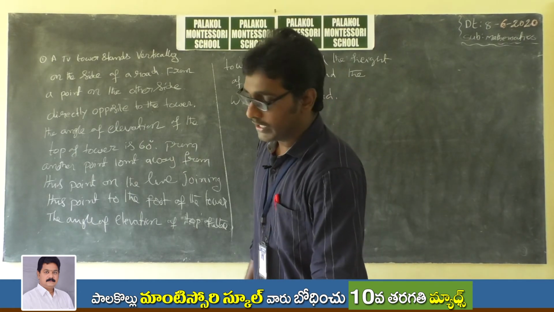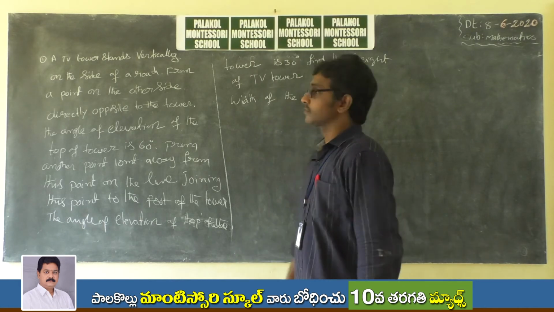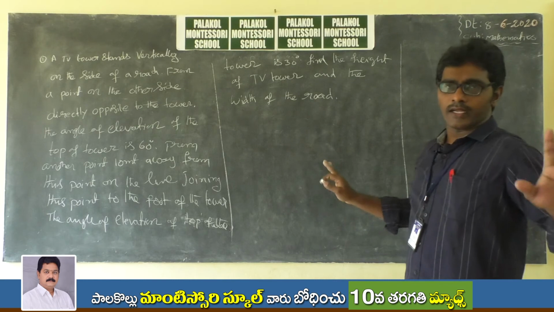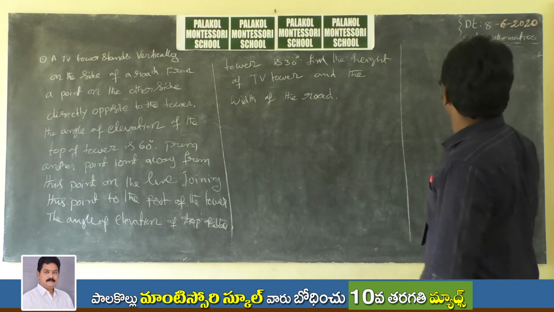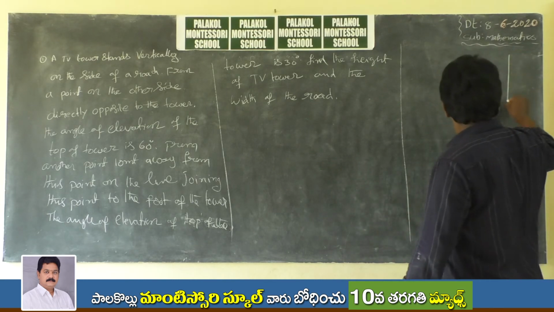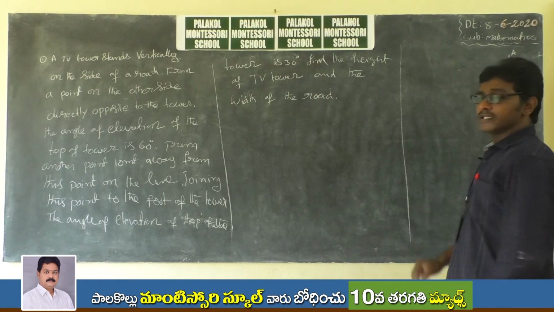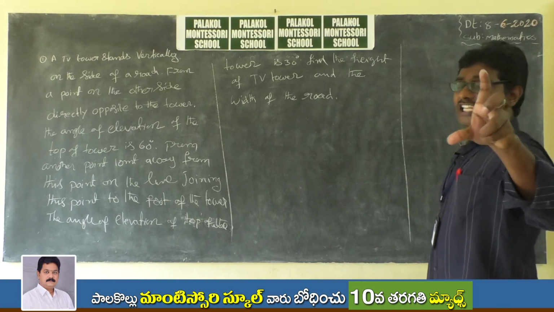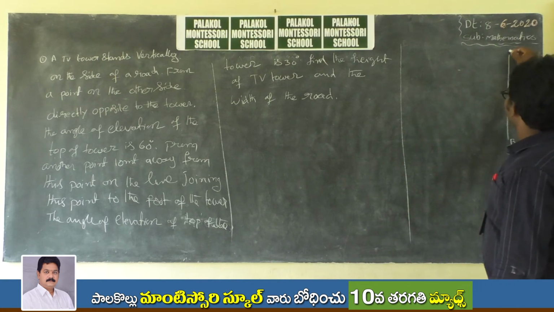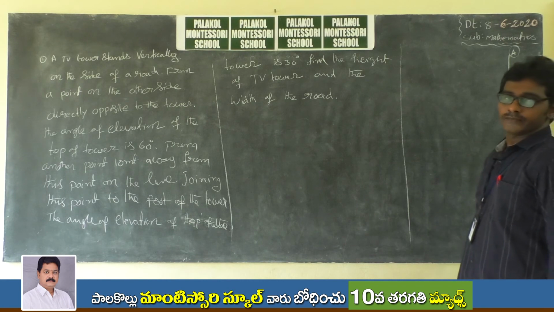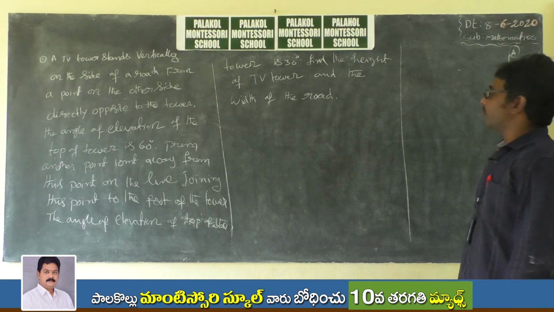Guys, please see, first you draw a right angle triangle. Here AB you consider as the height of the TV tower. This is the top of the TV tower, this is the foot of the TV tower. That's an important point.